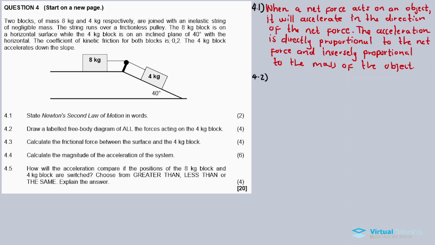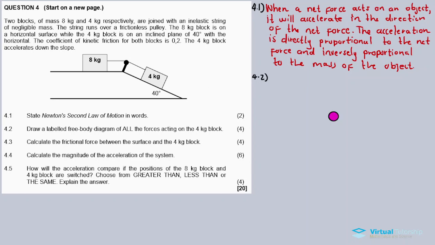Now, for the fact that this 0.2 is a coefficient of kinetic friction, it means our surfaces, the incline and the horizontal surface, offer friction to both objects. So therefore, we will have 4 forces on this 4 kilogram block, including the frictional force. Be careful here.